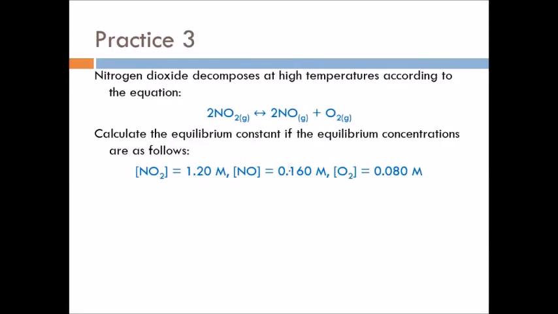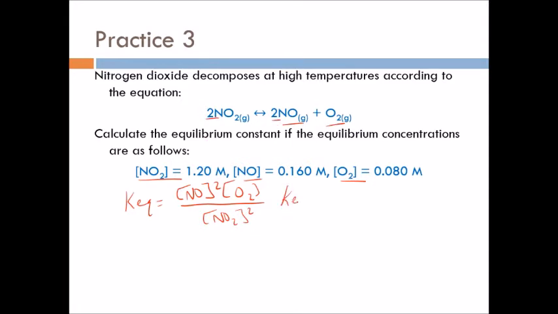All right, so you'll be given an example like this where you have the concentrations at equilibrium, NO2, NO, O2. So basically what you do is you write out the expression first. So we do products over reactants. So I have concentration of NO squared times concentration of oxygen over concentration of NO2 raised to the 2nd power. These two both have coefficients of 2.